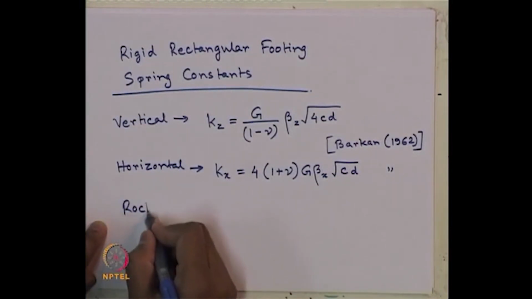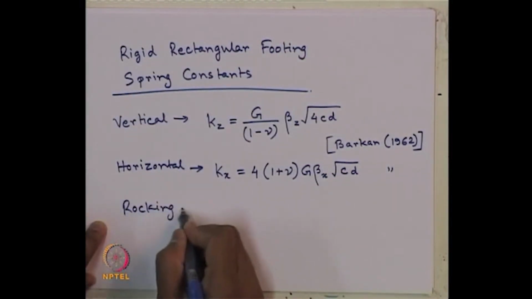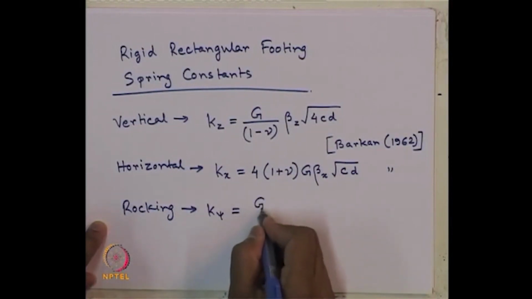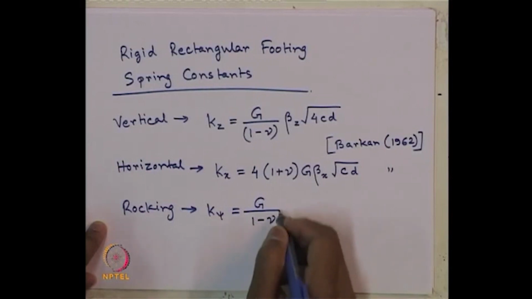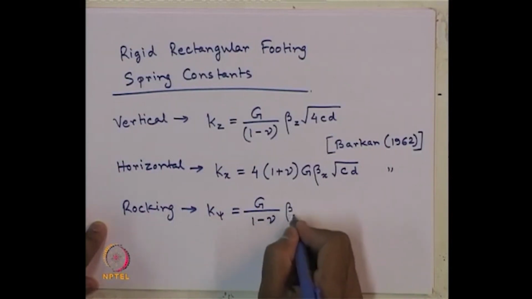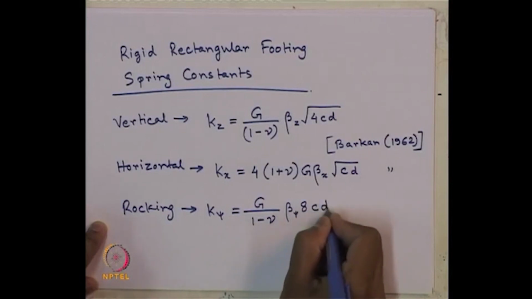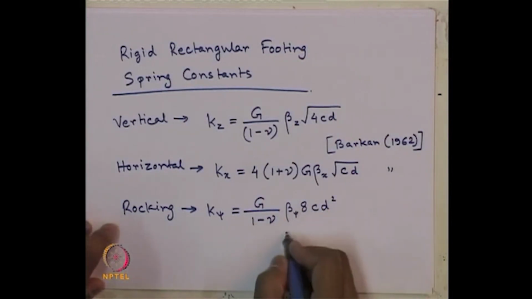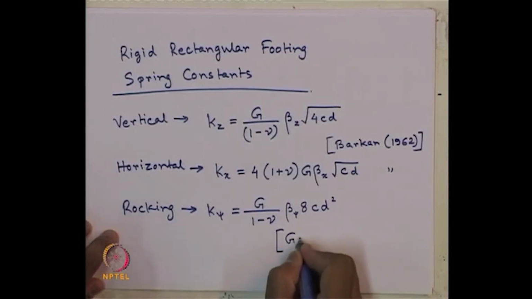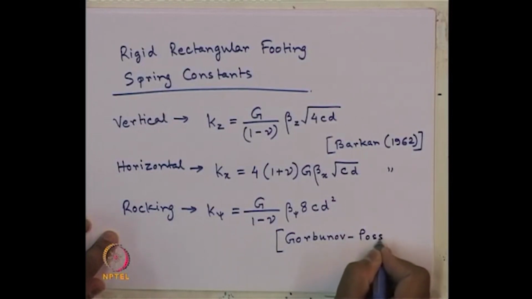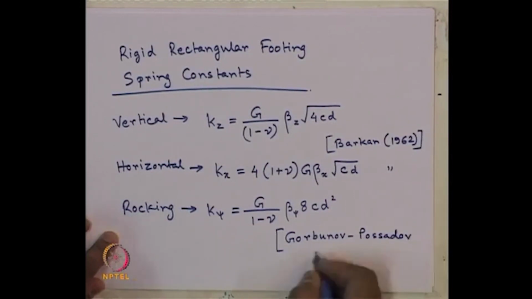For rocking mode of vibration, k psi can be calculated as g by 1 minus mu beta psi 8 C d square. This was given by Gorbunov, Posadov in 1961.